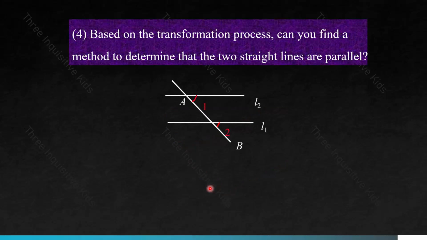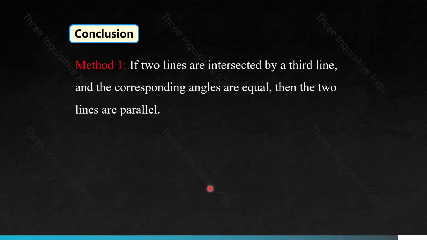Here's another question. Based on the transformation process, can you find a method to determine that the two straight lines are parallel? So here's our conclusion. Our method 1 to proving that two lines are parallel: if two lines are intersected by a third line and the corresponding angles are equal, then the two lines are parallel.